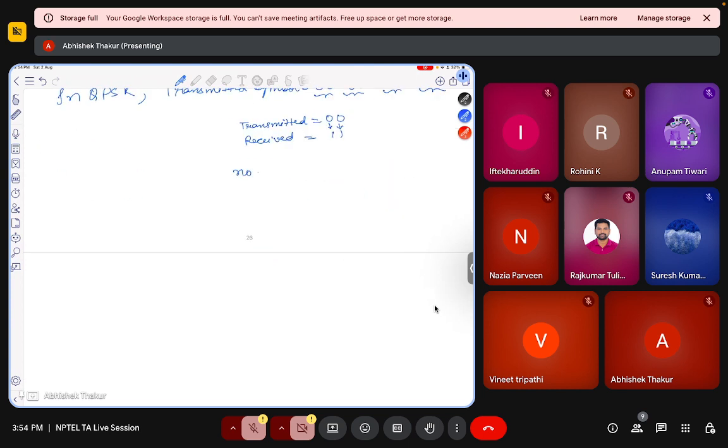So here, the number of bits in error. Understood, the difference between bit error rate and symbol error rate: the number of bit errors is equal to 2, and the number of symbol errors is equal to 1.